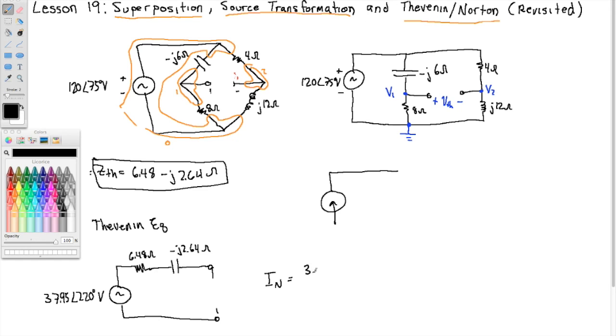So this Norton current is 37.95 angle 220° volts divided by 6.48 minus J2.64 ohms. You do your complex algebra and you get IN.